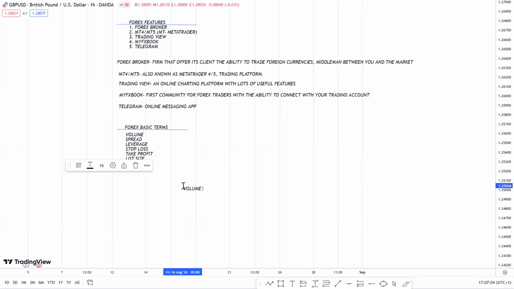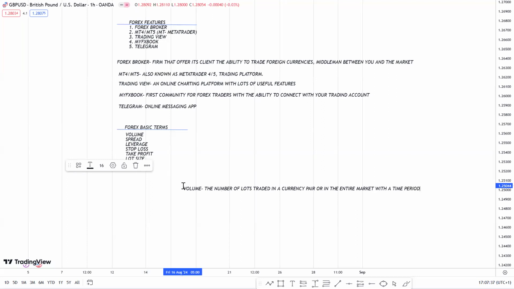Volume is the number of lots traded in a currency pair or in the entire market within a time period.